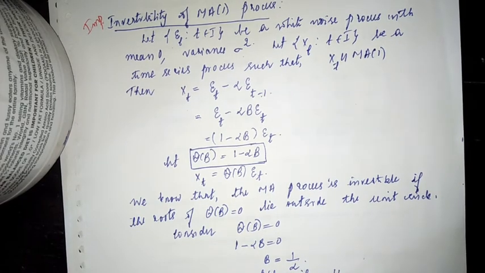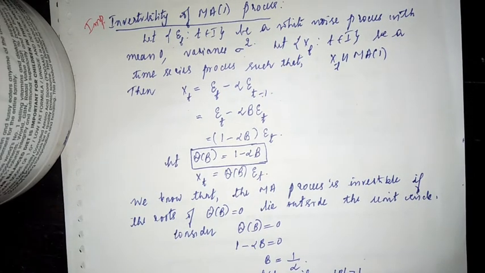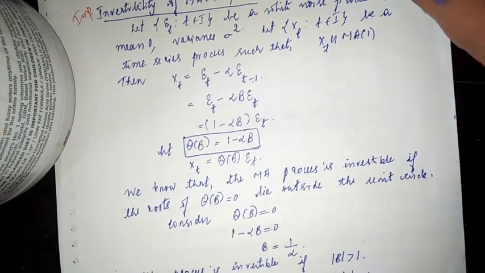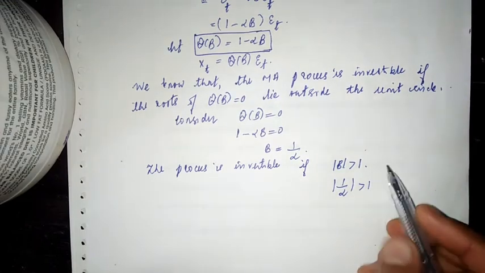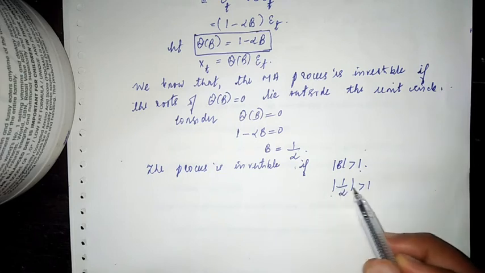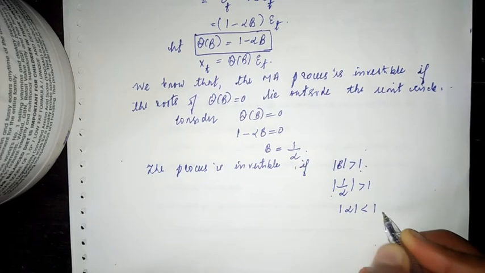Invertible if, that is, mod B is greater than 1. So what is mod B? It is nothing but mod 1 by alpha is greater than 1. So that is nothing but mod alpha is less than 1.